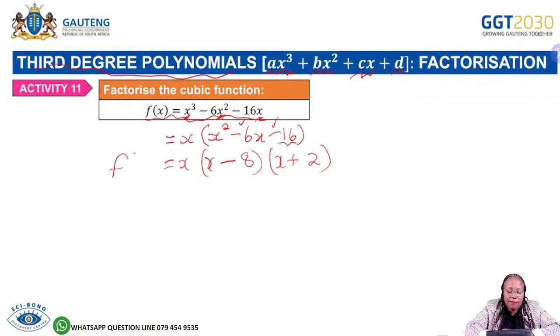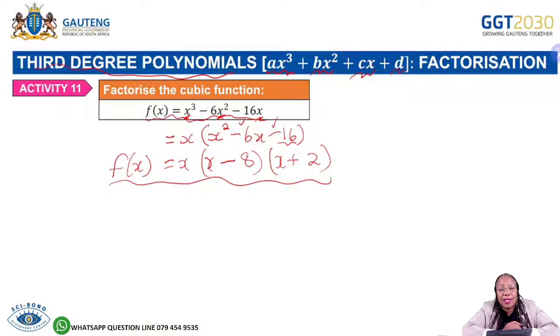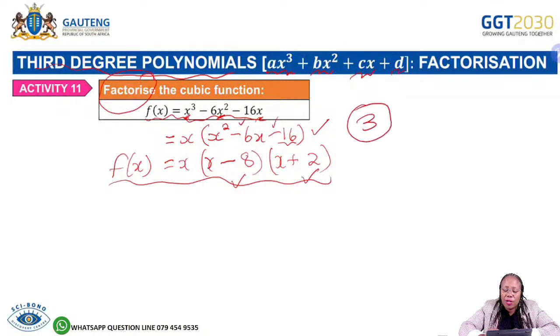So these are the factors of f(x). We are just factorizing, not yet solving for x, because the question says factorize. Then we will stop there. The first mark will be for that one, and the second mark will be for the factors of the trinomial. So factorizing this is worth how much, grade 12? That is 3 marks.